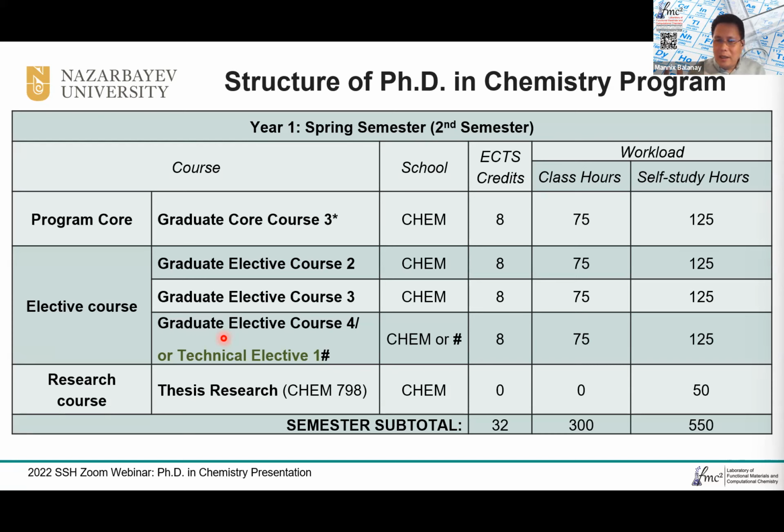If you want to have physics related courses, you can take in physics, mathematics, or you could even take from the mining or from the School of Engineering and Digital Sciences. So that would encompass your technical elective, and it gives you a much wider number of choices with regards to your elective courses.